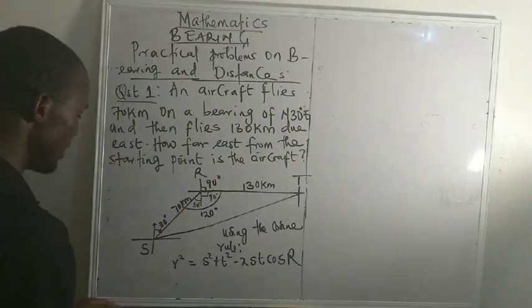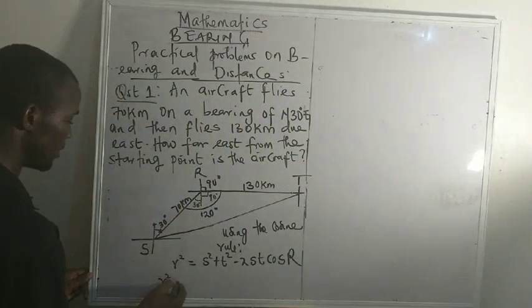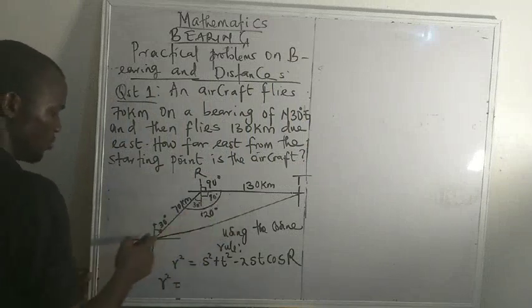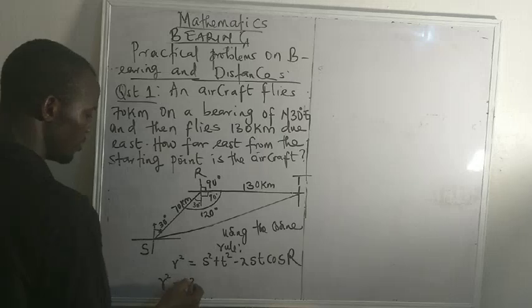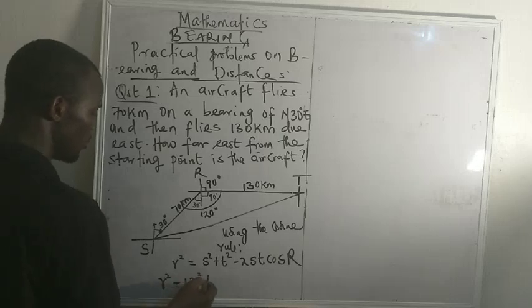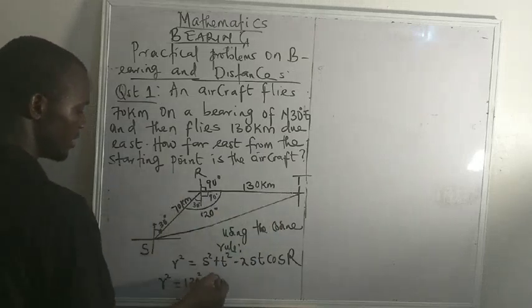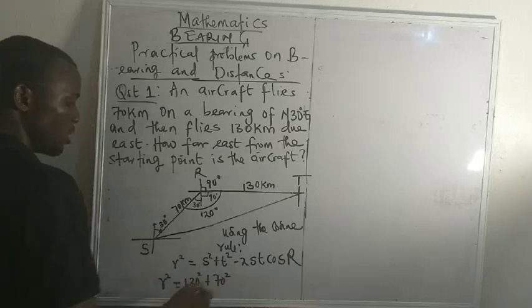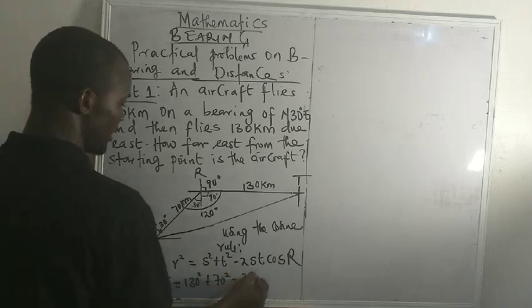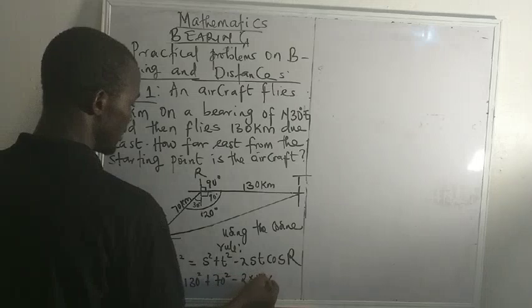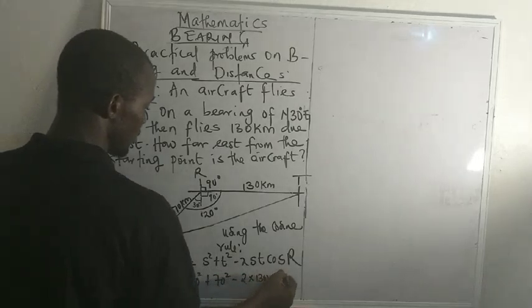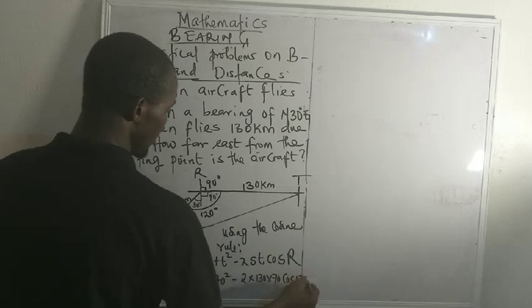So from here, I'm looking for my r squared. What's my s squared? The side facing s. Look at it, 130. So that is 130 squared plus what's the side facing t? Look at it, t is the side, 70 squared minus 2 times 130 times 70 cos 120 degree.